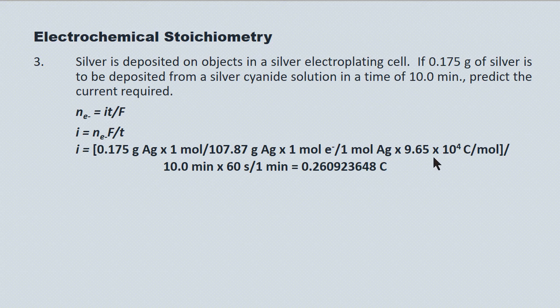Then, as the equation calls for, we multiply by Faraday's, 9.65 times 10 to the 4 coulombs per mole. All of that is the numerator, divided by time as the denominator. We're given a time interval of 10.0 minutes, and of course we have to convert that into seconds, with 60 seconds in 1 minute. So the current required is 0.260923648 coulombs per second. Applying significant digits, that's 0.261. In English, we would say the required current is 0.261 coulombs per second.